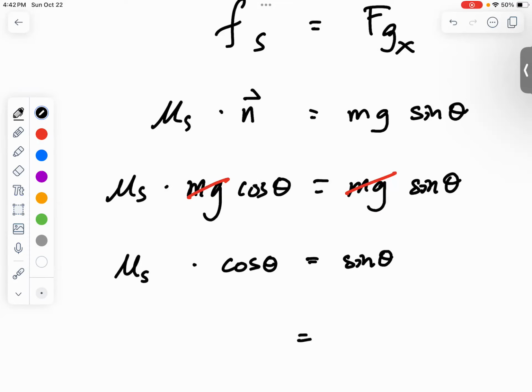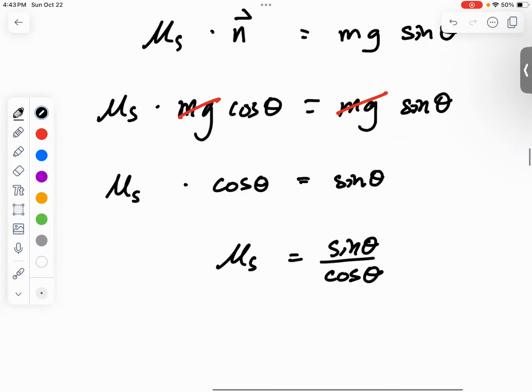And something that you will learn in pre-calculus soon is that mu s is going to be sine theta over cosine theta. And if you see sine theta over cosine theta, that is equal to tangent theta.